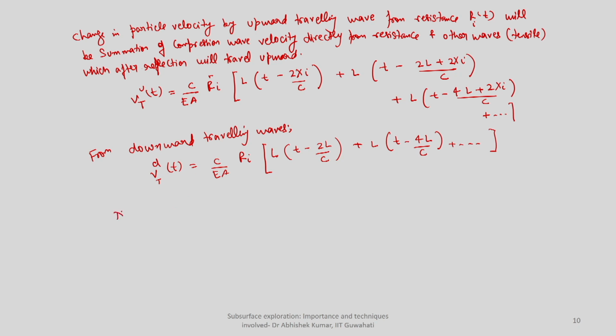So, the net velocity change will be the summation of the upward and downward components.